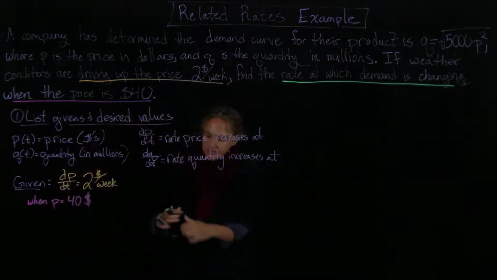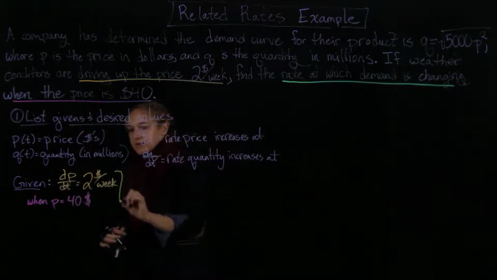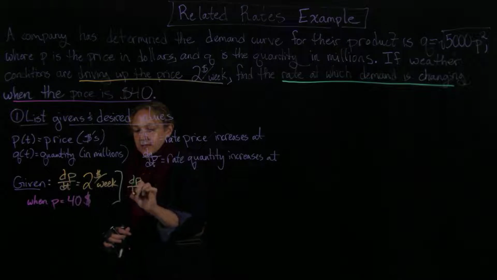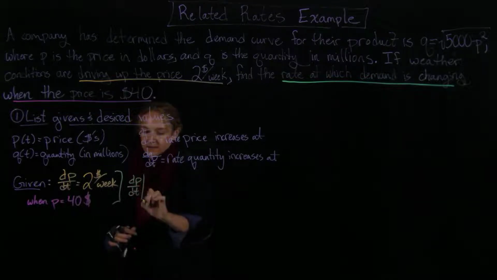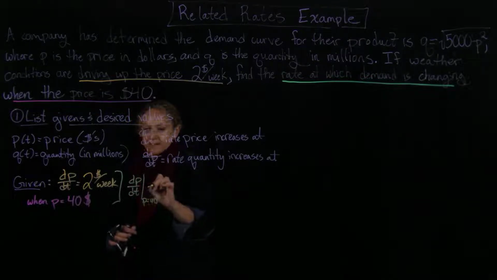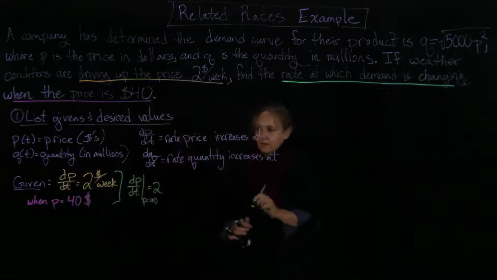So another way to write this is dP/dt evaluated when P equals 40 is going to equal 2.